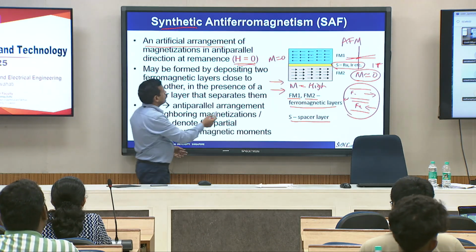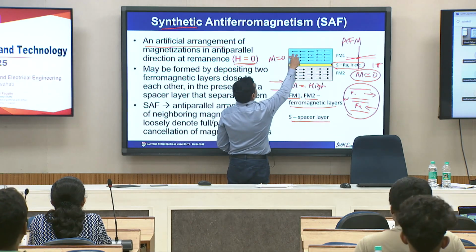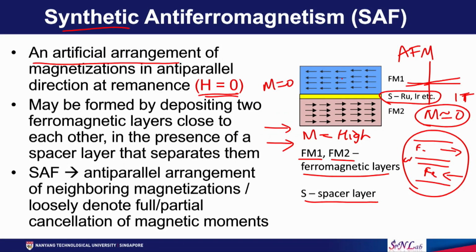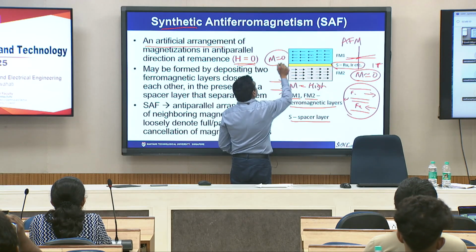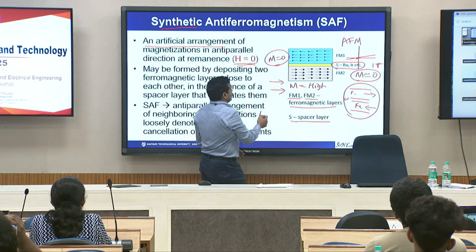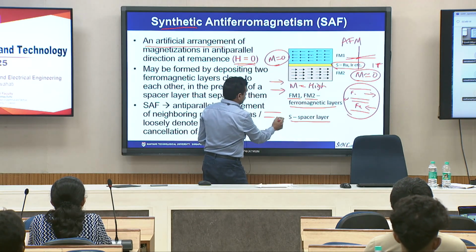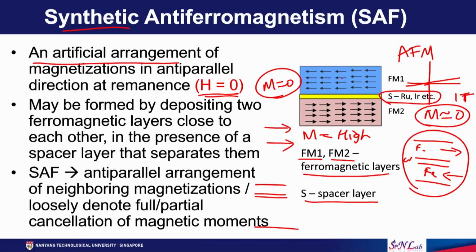I mentioned that if the magnetic moments of these two layers are identical, then the net magnetization can be 0. But if one layer is thick and another layer is thin, and they are arranged in anti-parallel direction, we may have some net magnetization.